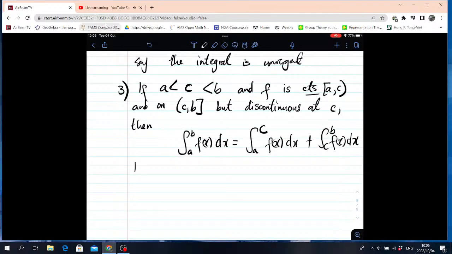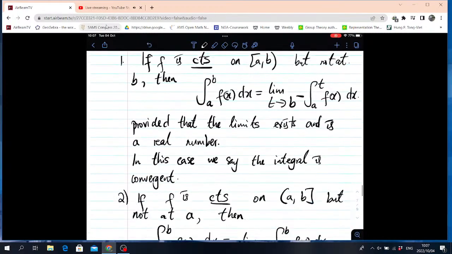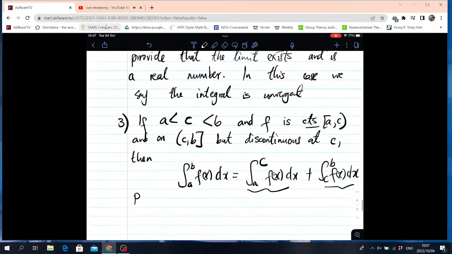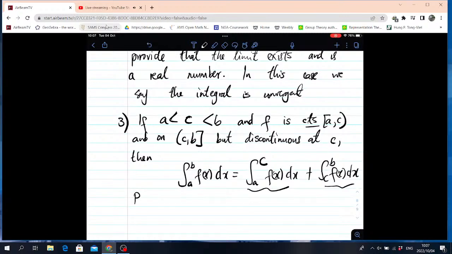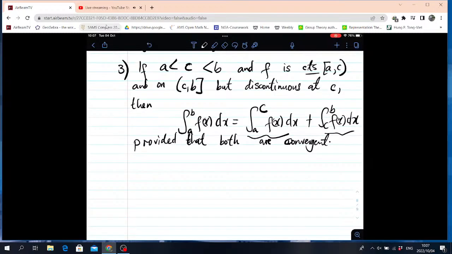Here you would apply the first definition for one part, and the second definition for the other, provided that both are convergent. So we've got those 3 scenarios.